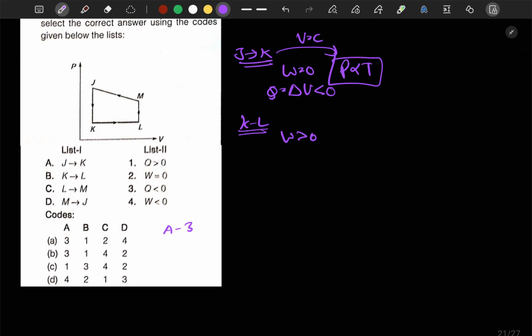At constant pressure the volume is increasing, so volume is directly proportional to T, and due to this we get delta U greater than 0. Volume is increasing, so delta U will also be increasing. So we cannot tell anything about delta Q.